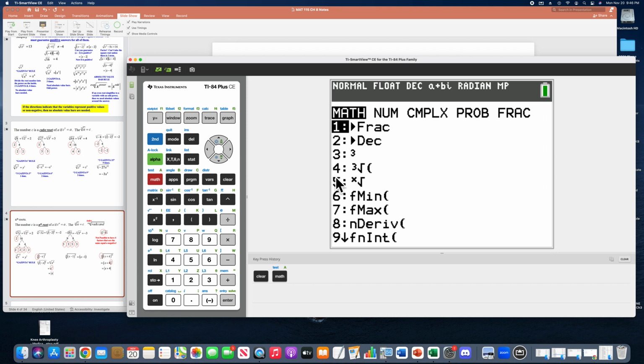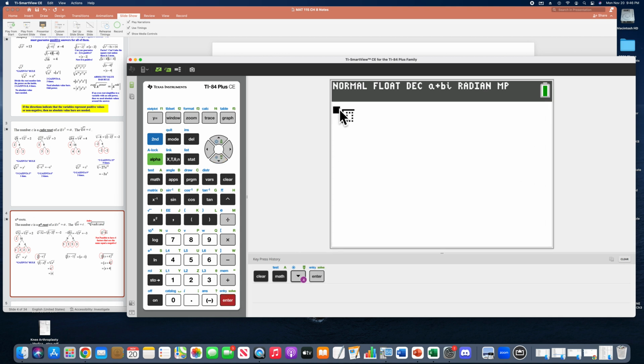Now, on some of your calculators, when you choose option 5, enter. The more updated calculator will put a text box right here and a text box on the inside. Now, if your calculator puts A and S up there, you have to put in the root number first.